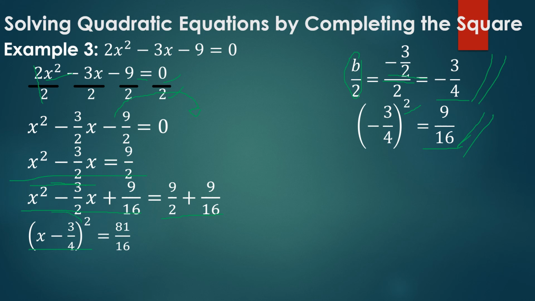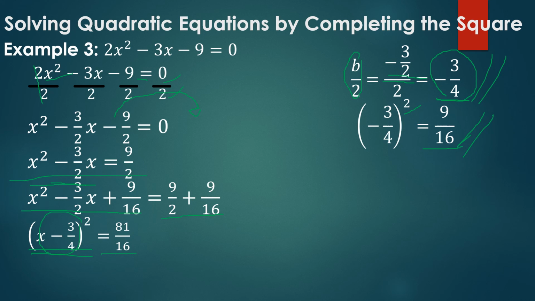So we have, where did negative 3 over 4 come from? It comes from here. Okay? Because we are going to follow the pattern x plus b over 2 quantity squared. Therefore, we have x minus 3 over 4 quantity squared is equal to 81 over 16.